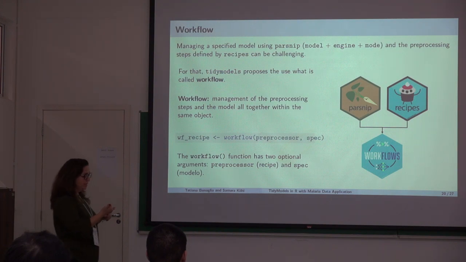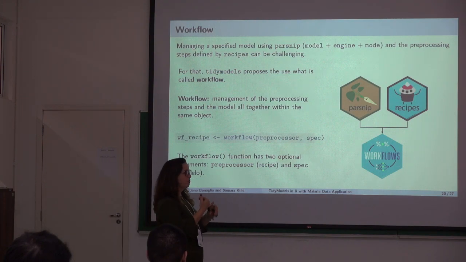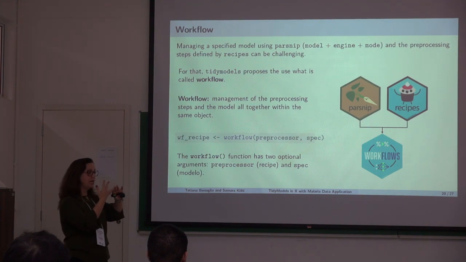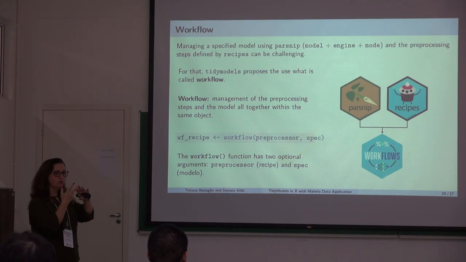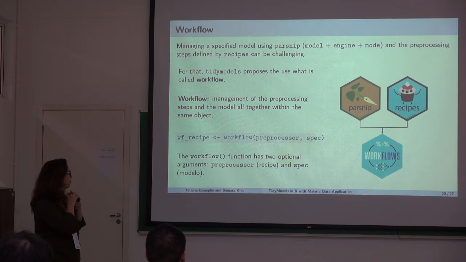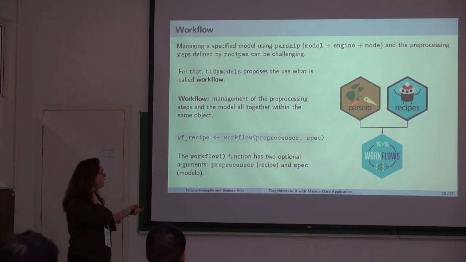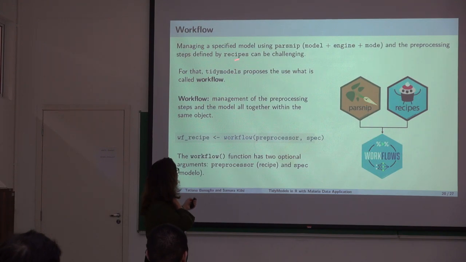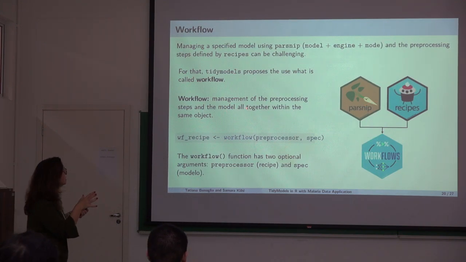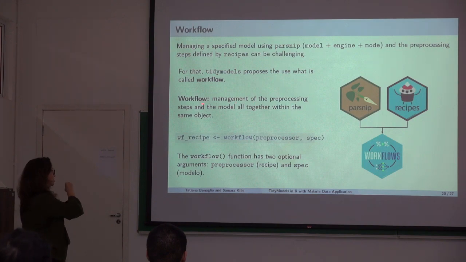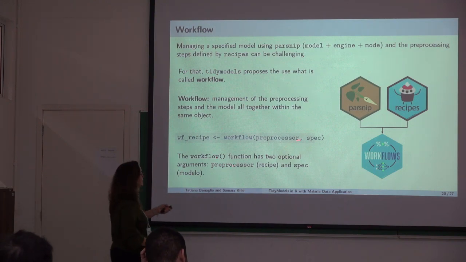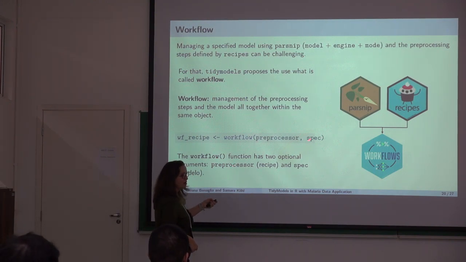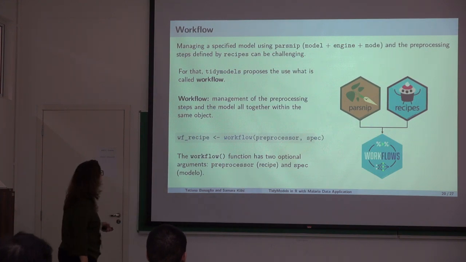So we saw that we need to define our model, where we choose the model, we set the engine, and then also we put the mode that we want to use our model for. And then combining these 2 things is what we call a workflow. Workflow is just the management of the pre-processing steps and the model all together within the same object. So in a workflow, I have my recipe and then my model here. Okay, you put this all together.